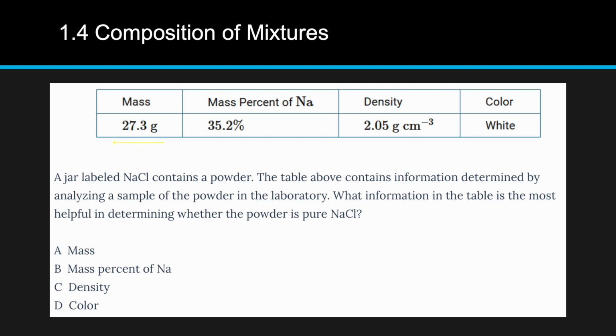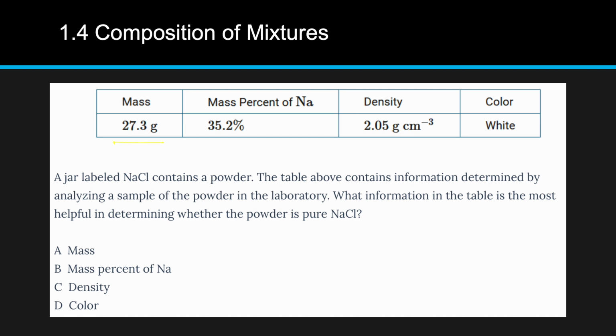Then looking at density, again, it doesn't give us the right information to actually solve if that is a certain percentage of sodium and a certain percentage of chlorine so that we know it's pure NaCl. And then finally, a lot of things can be the color white. It does not work in this specific scenario.